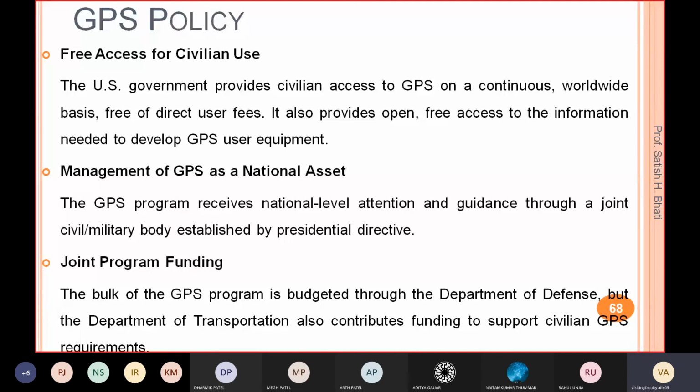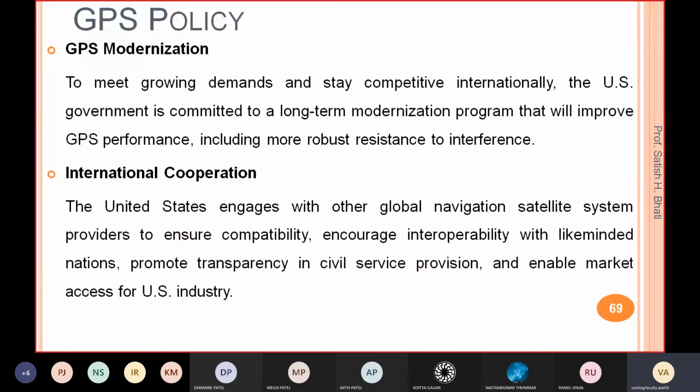GPS modernization: we know that every day the technology is improving. To meet the growing demands and stay competitive internationally, the US government is committed to a long-term modernization program that will improve GPS performance, including more robust resistance to interference.